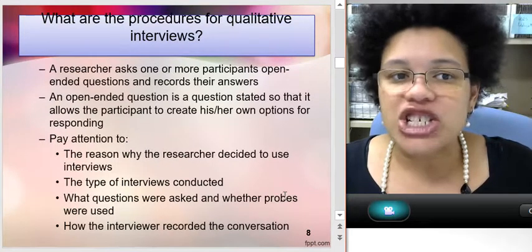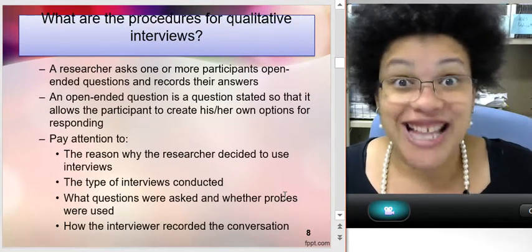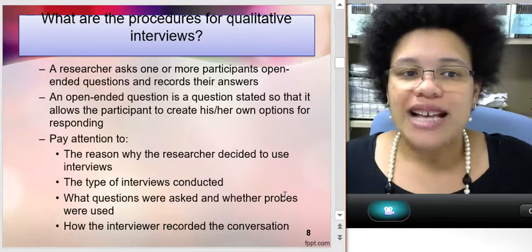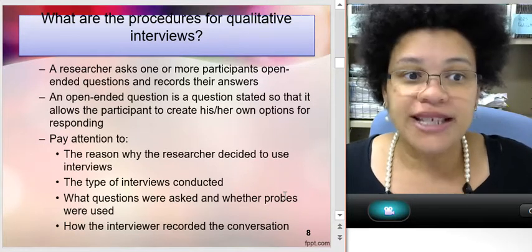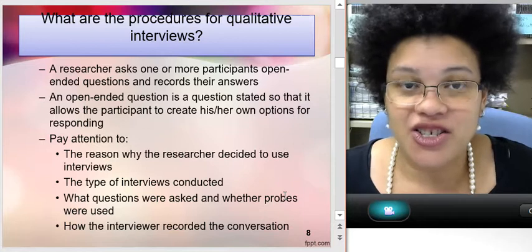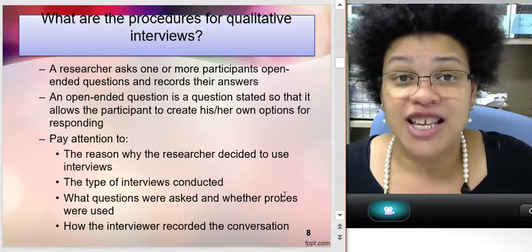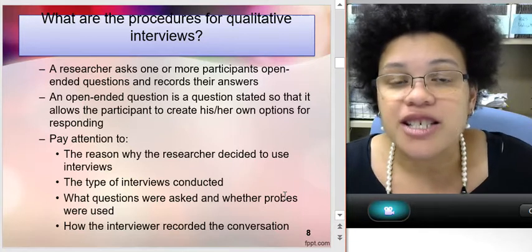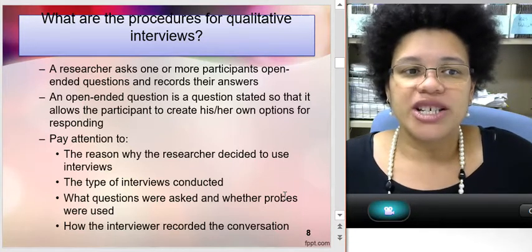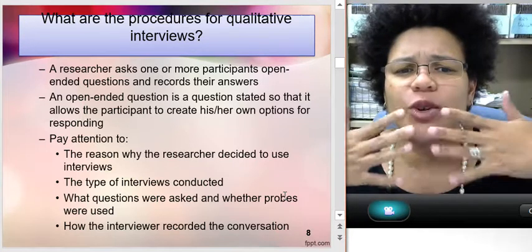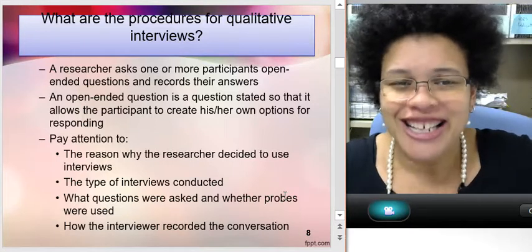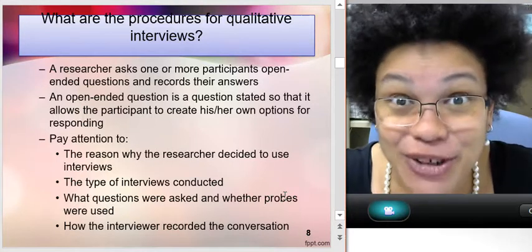So, procedures for qualitative interviews. I'm on slide 8. The researcher asks one or more participants open-ended questions and records their answers. So usually we're not doing yes or no questions. We're not asking rating type questions. We're asking questions that are open-ended, because we really want our participants to talk. We want to note their lived experience, right?